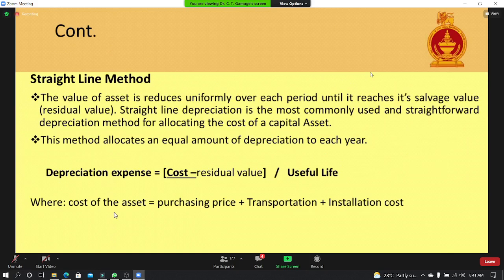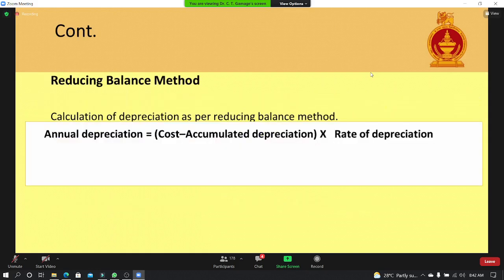And then cost of assets, we know how to calculate it: purchasing price plus transportation, installation, and we have to deduct discount and concessions. The reducing balance method, what we get is cost minus accumulated depreciation, we multiply by the rate of depreciation.